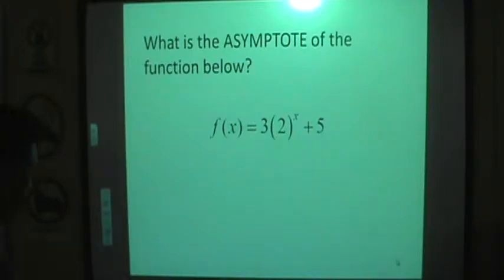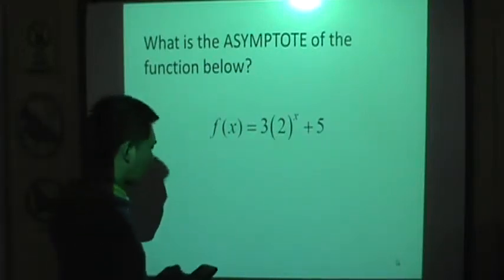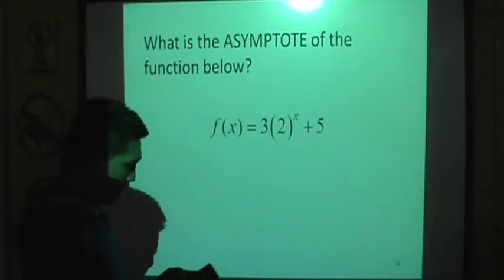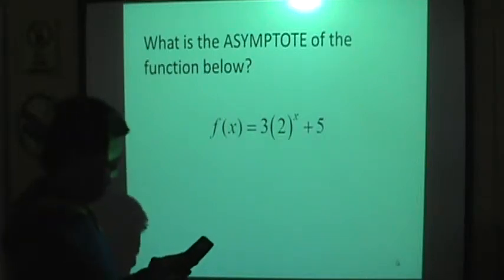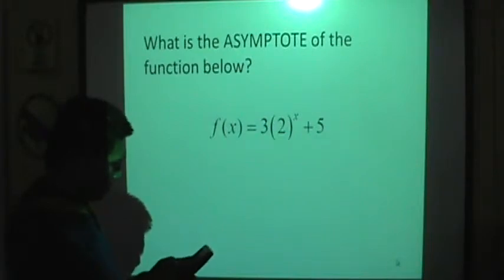Now, given a problem like this, to find the asymptote, if you have the calculator, you press 3 parentheses 2 parentheses up x and then plus 5.